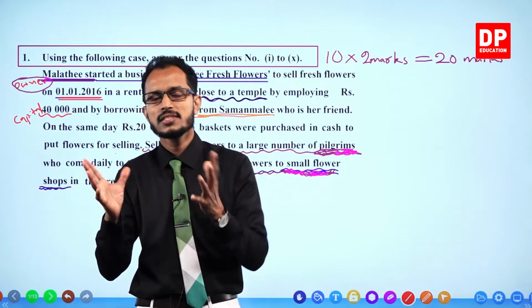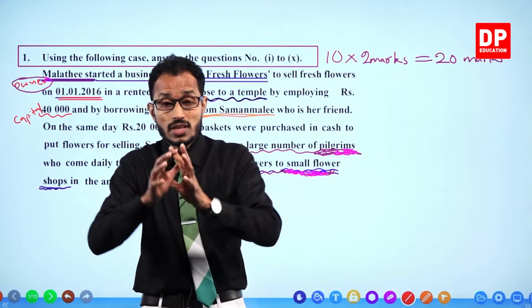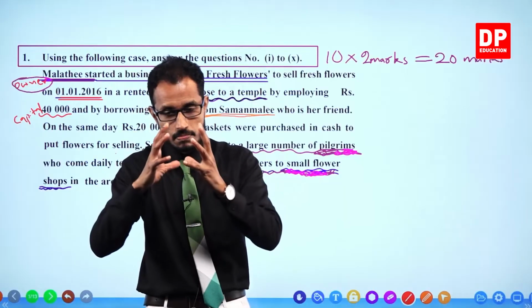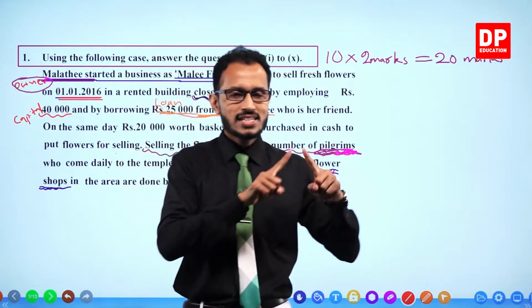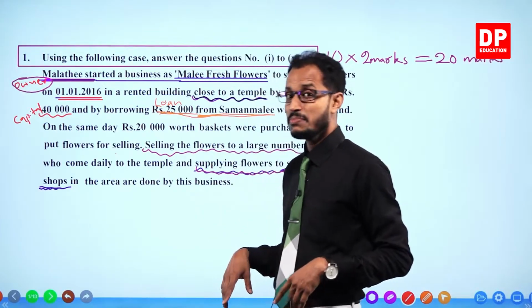When both are added, they form assets. So assets equals capital plus liabilities, or equity plus liabilities.